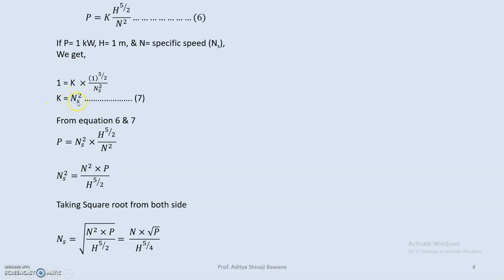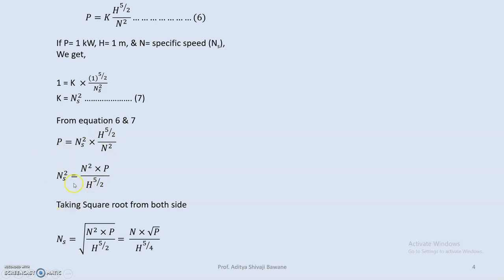Substituting k equal to ns square in equation 6, what I get, P equals, instead of k, ns square h raised to 5 by 2 by n square. Now rearranging these terms and getting the value, ns square equals P into n square divided by h raised to 5 by 2.